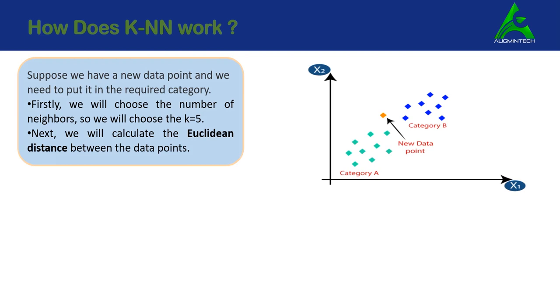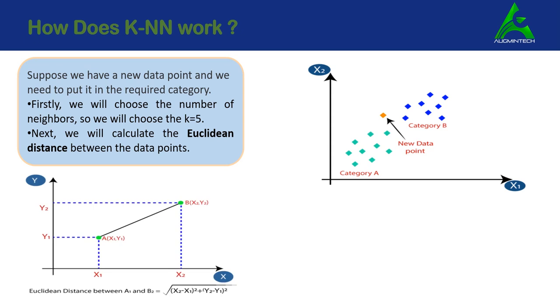Here you see the new data point is this one, and we have to classify it into category A or category B. This is the Euclidean distance between the points A and B, calculated by the square root of (x2 minus x1) squared plus (y2 minus y1) squared.